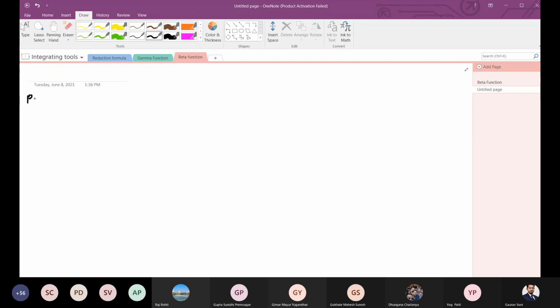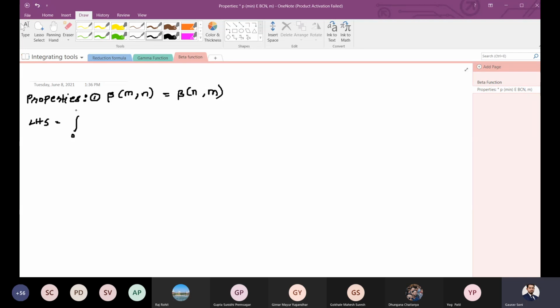The properties. First one: beta of m comma n is equal to beta of n comma m. If you look at the left hand side, what do we have? Integral 0 to 1 x raised to m minus 1, 1 minus x raised to n minus 1 dx.